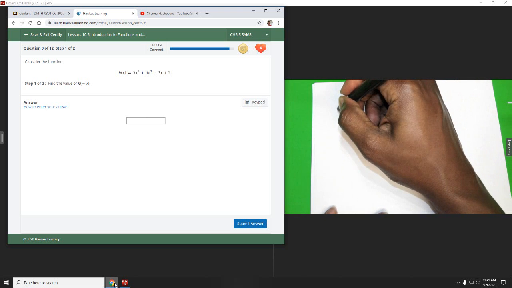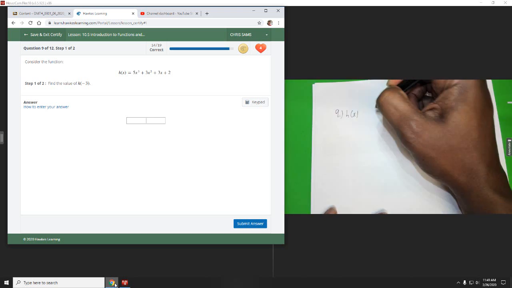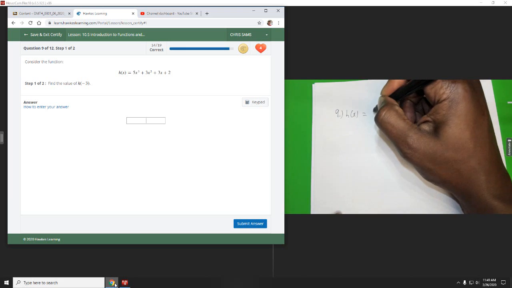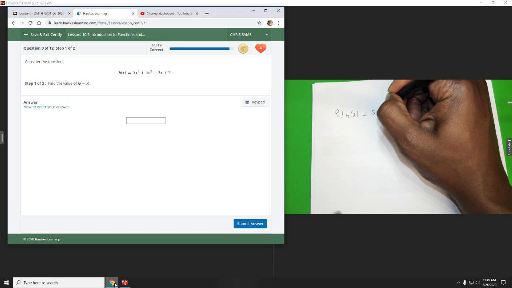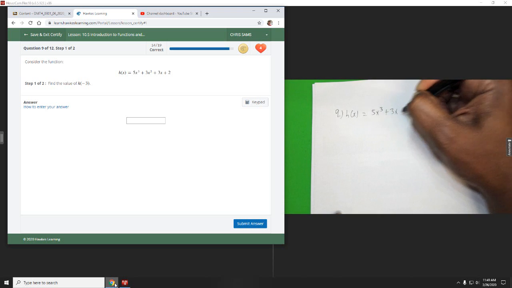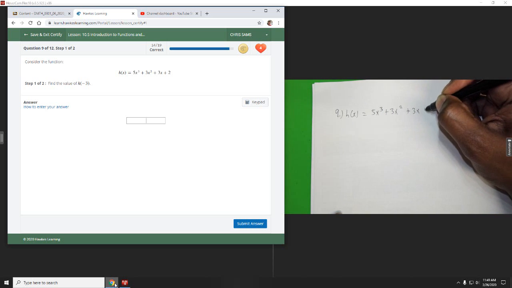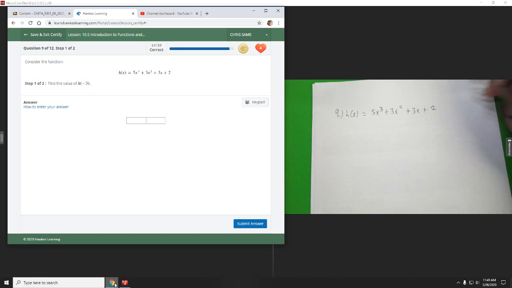h of x equals 5x cubed plus 3x squared plus 3x plus 2.